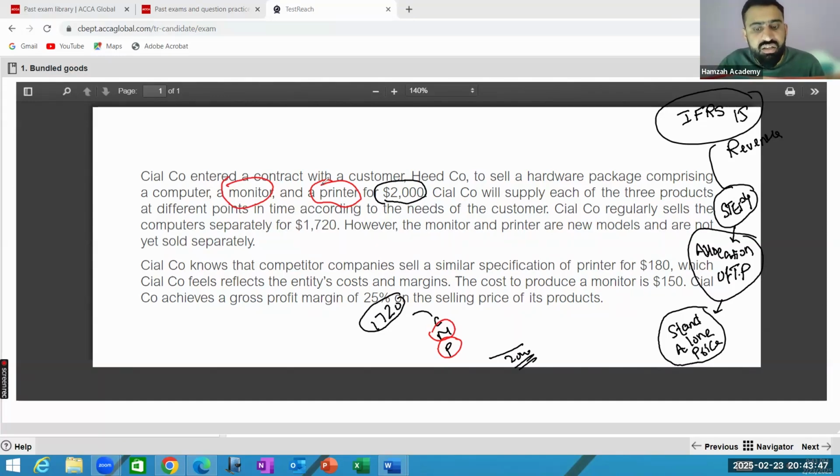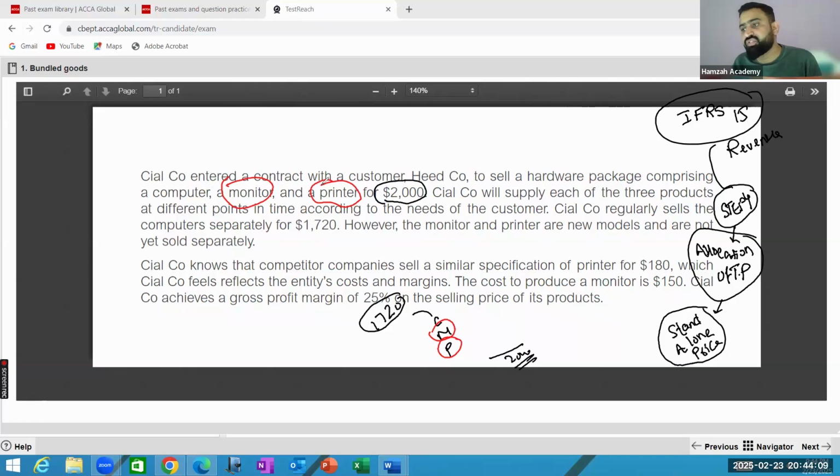This is a problem. Now, where the standalone prices are not directly observable, then as per IFRS 15, we have to estimate the standalone prices.